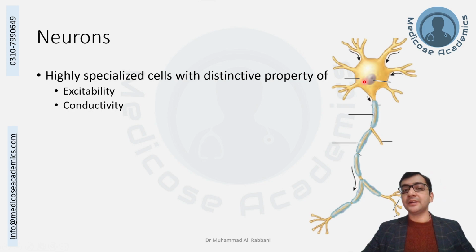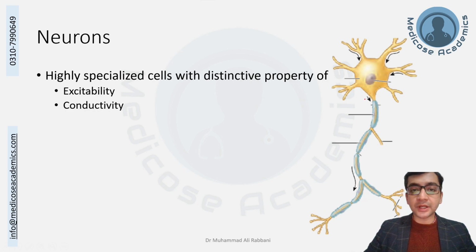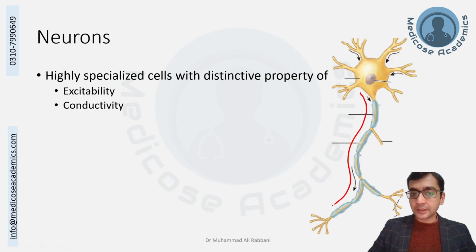These cells have an ability to rapidly change that potential, and that change as a wave can be propagated across the surface. So this property is called conductivity. A change of electric potential travels, it propagates along the length of the cell all the way to the periphery. This is called conductivity.